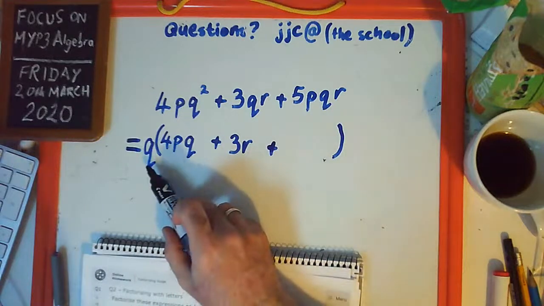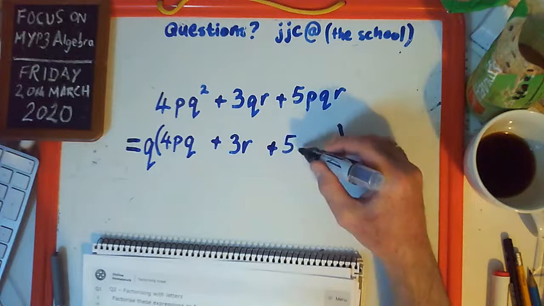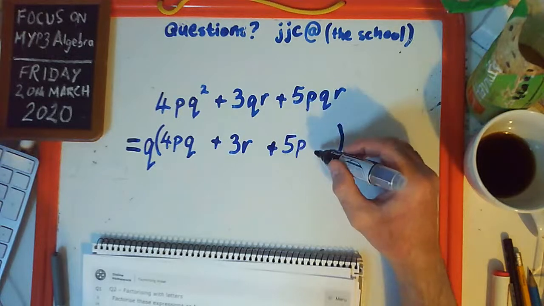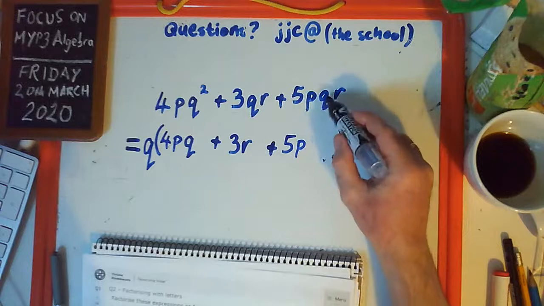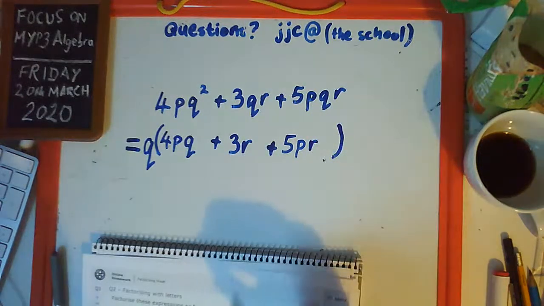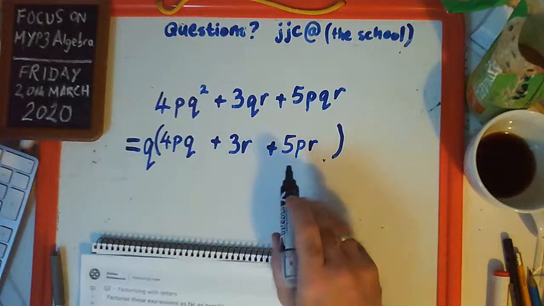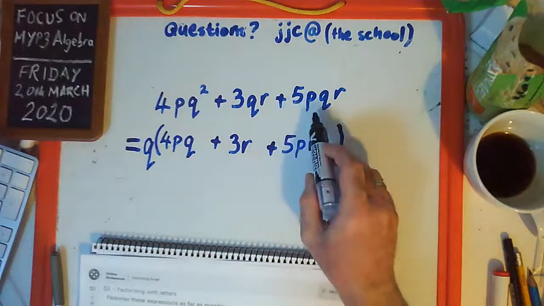So Q times what will give me that? So I need to multiply it by the 5. I need to multiply it by the P. I don't need to multiply it by anything to get a Q because there's a Q already there. And I need to multiply it by an R. So that Q times 5PR gives me 5PQR.